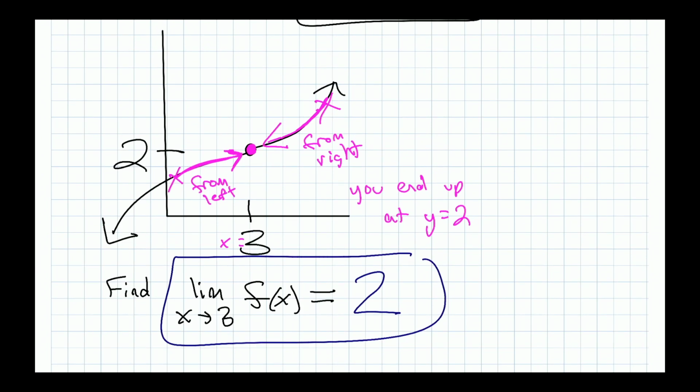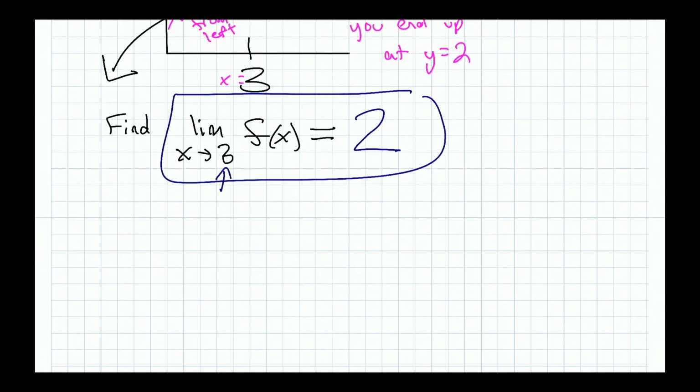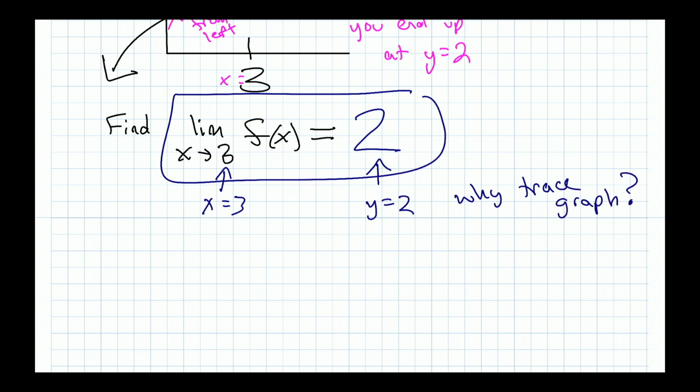Now, why do you have to trace it, right? We knew this dot was right here, at 3, 2. If you know that the x value is 3, and you know the y value is 2, then why are you even tracing the graph in the first place? Okay.